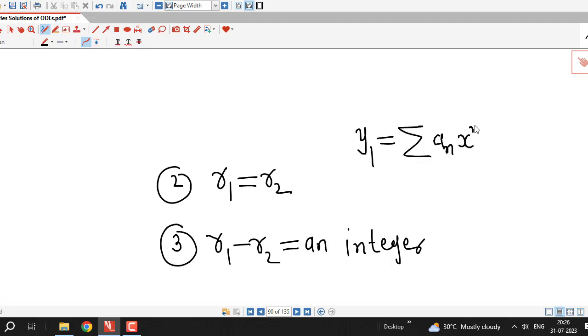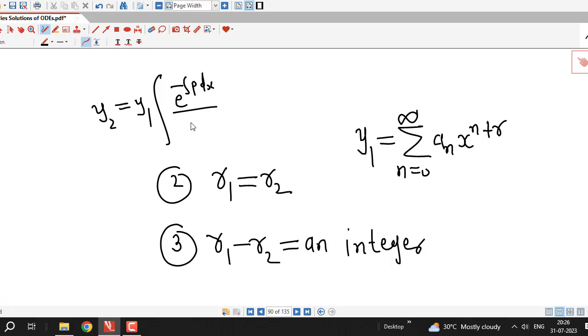We assume that the first solution is always in this form, and to obtain the second solution we have used the method of reduction of order, but be careful that it is not always easy to evaluate this integral.